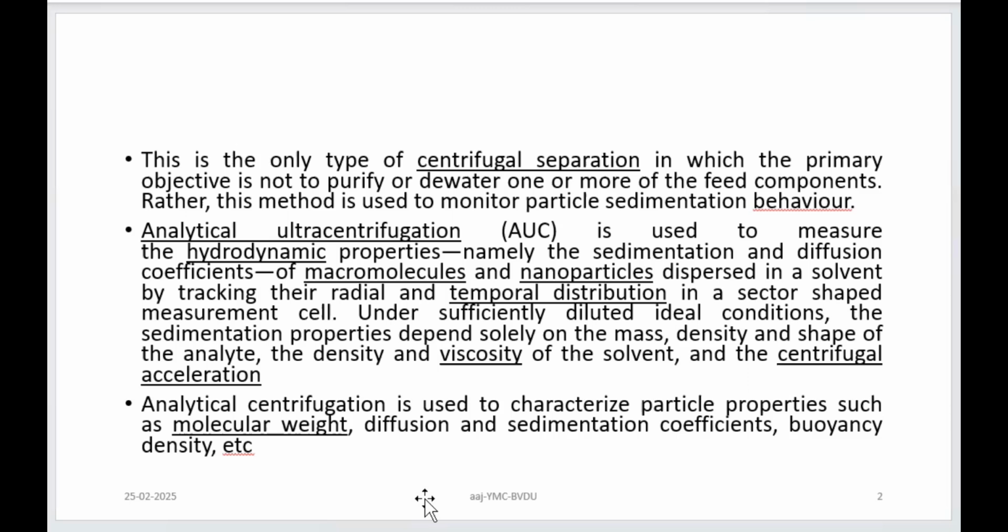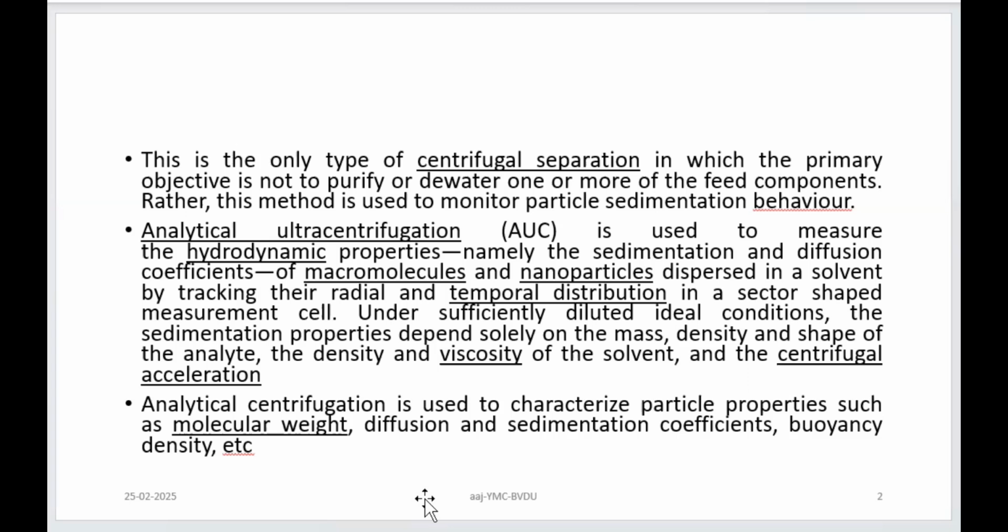Say for example, it is a buffer, some solution, a cell extract, and so on. So the hydrodynamic properties which we are going to learn will reflect upon the basic properties of the analyte under study. So sedimentation is taking place, and at the same time diffusion due to convection currents, wall effects, all these things we have talked about.